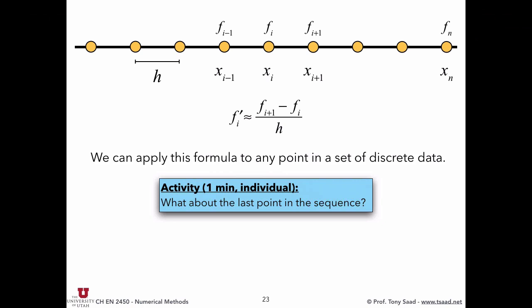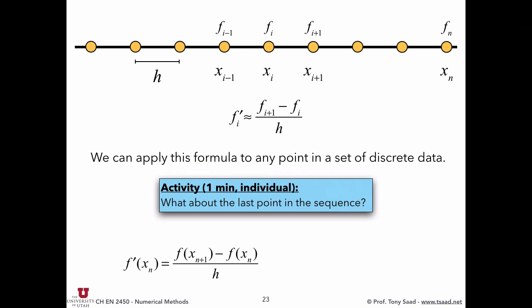So why can we apply it to the last point? Show me how I can apply it. In its current form, we can't, but if we instead use the previous point, it would be f of i minus f of i minus 1. Well, we haven't developed that formula yet. Come on, Conrad. Yes, you're right.